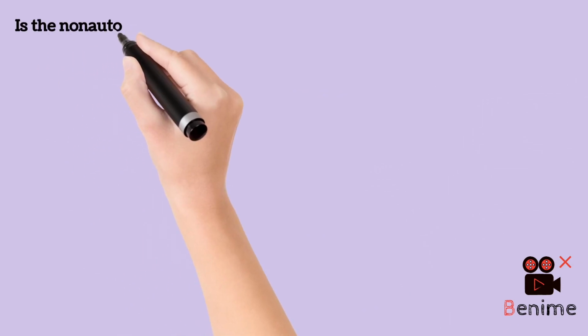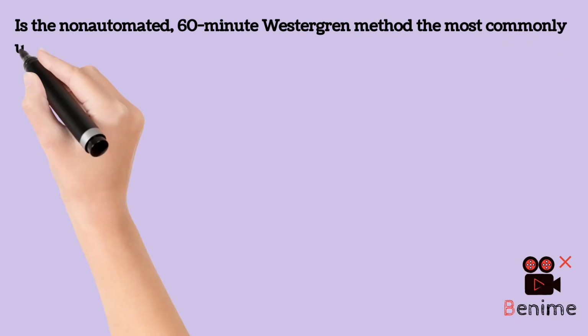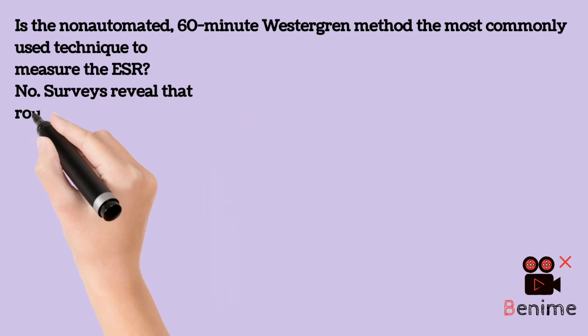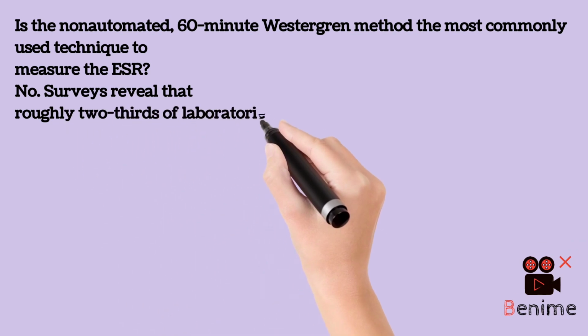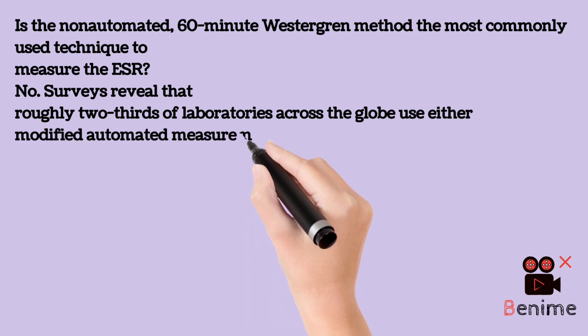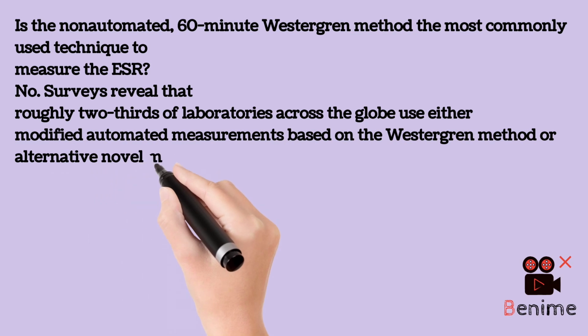Is the non-automated, 60-minute Westergren method the most commonly used technique to measure the ESR? No. Surveys reveal that roughly two-thirds of laboratories across the globe use either modified automated measurements based on the Westergren method or alternative novel methods.